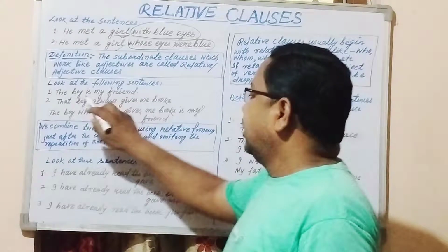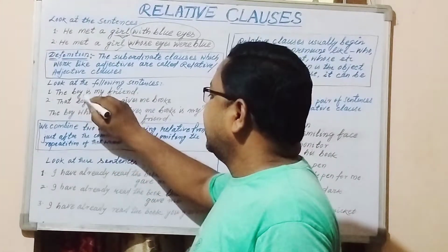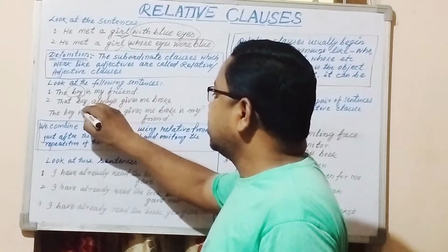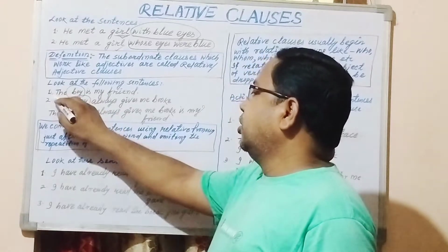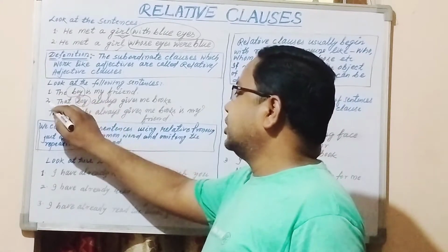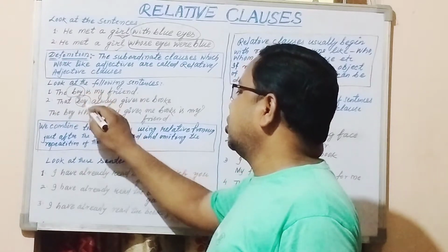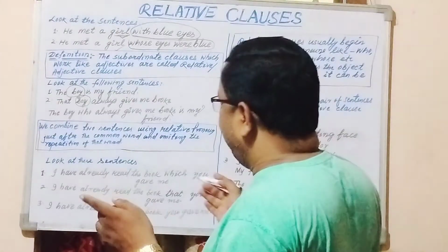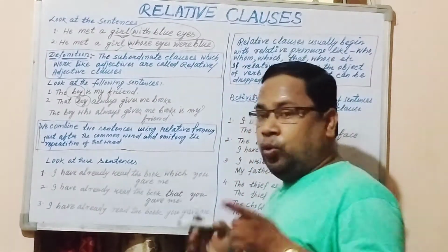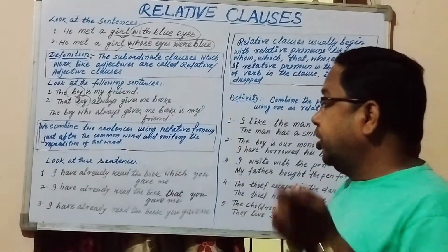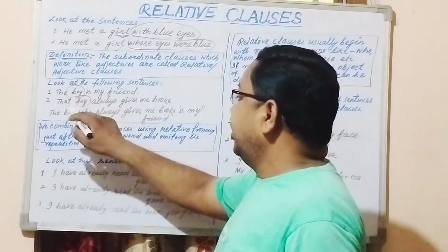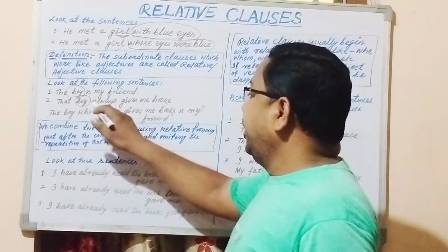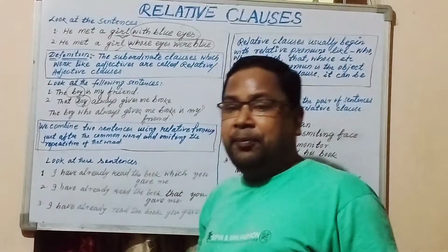Boy is common in both sentences: in the first sentence, the boy, in the second, that boy. When we combine these two sentences, we have to establish that this boy and that boy are the same.